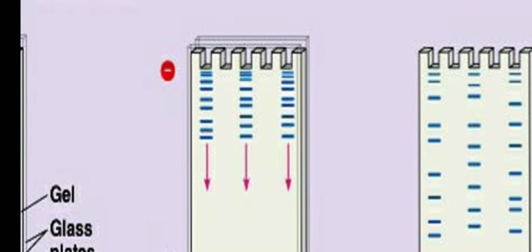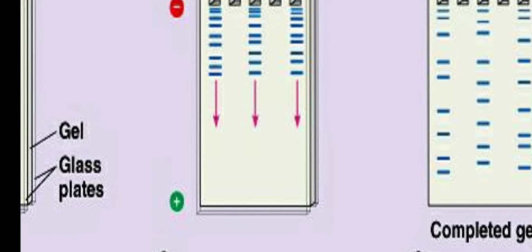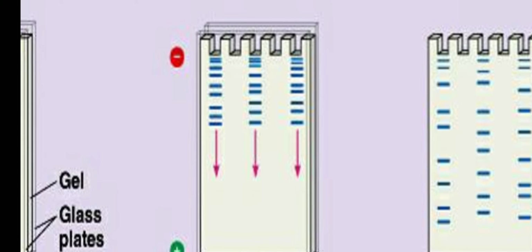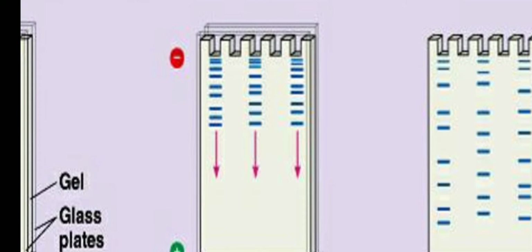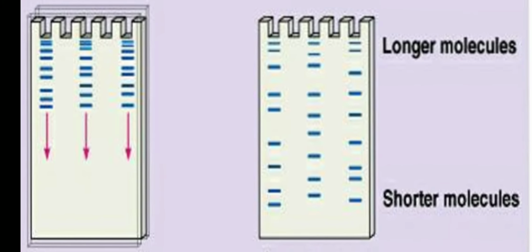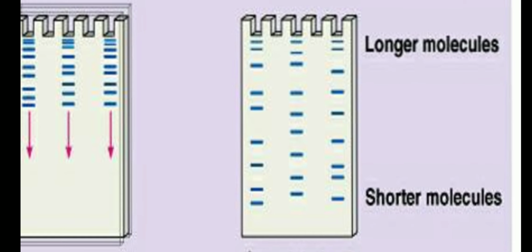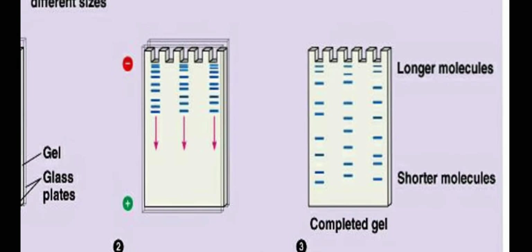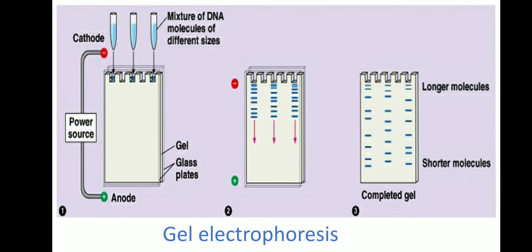Then, as we know the DNA is negatively charged, when we apply the electric current, the DNA moves toward the positive charge, and based on their size they are separated. Longer molecules are in the upper position, shorter molecules are in the lower position. In this way the DNA fragments are separated.